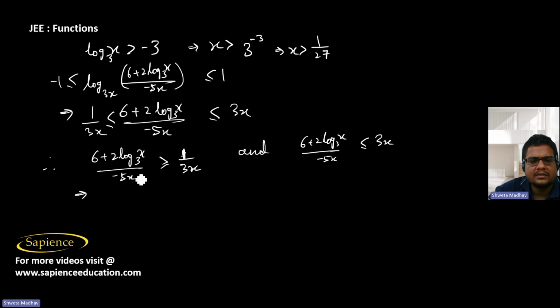So if we solve this, then x and x I can cancel. Then I can say this will be 18 plus, since x is not 0, so we can cancel out. So 18 plus 6 log x base 3 is greater than or equal to minus 5.